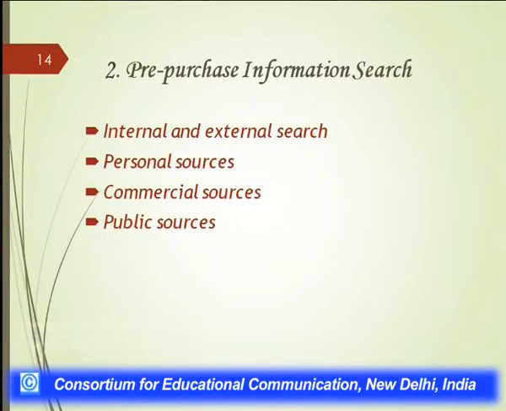Saurabh would now move on to a pre-purchase information stage where he would look for all possible sources of information that can give him possible alternatives to choose from in terms of laptops. He could exercise this kind of information search from various sources. There could be internal and external search.